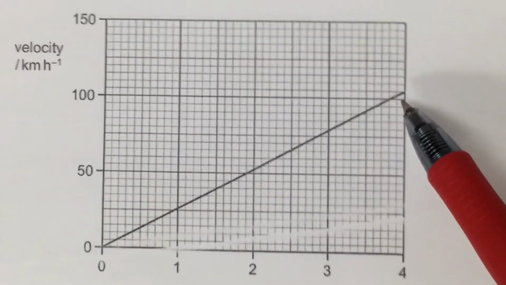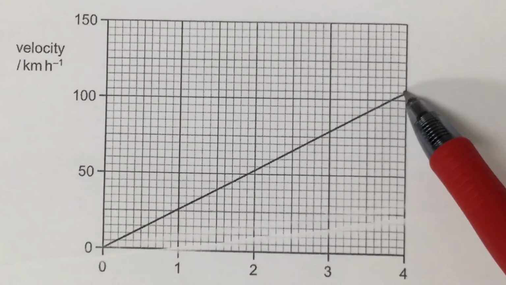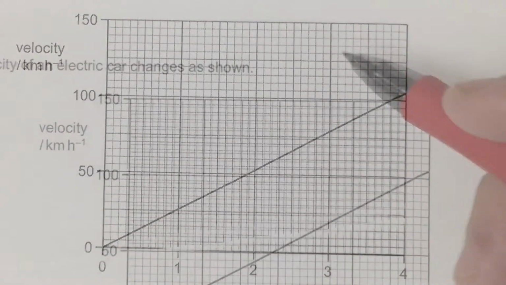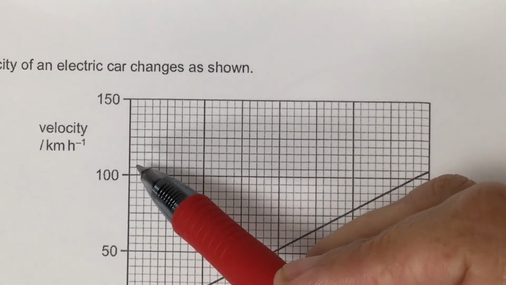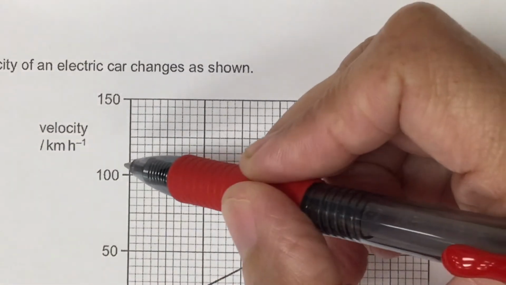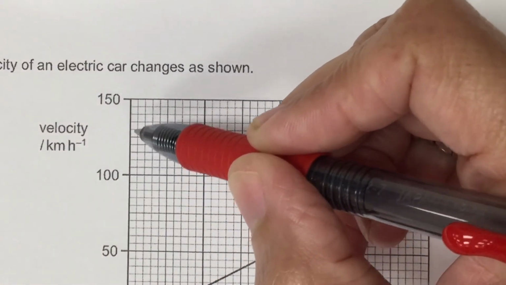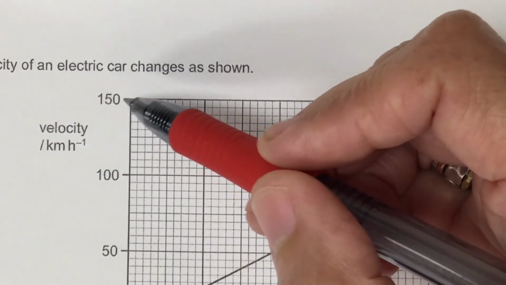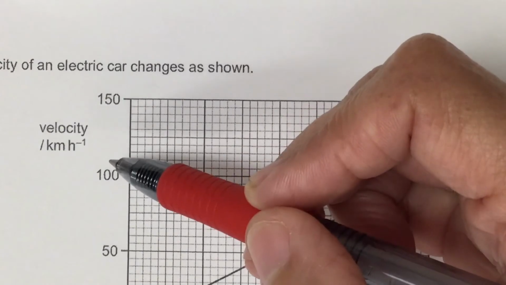The final velocity here is 10. Okay, so I need to know how much is each box. I have here 1, 2, 3, 4, 5, 6, 7, 8, 9, 10 boxes. That corresponds to a change of 50.